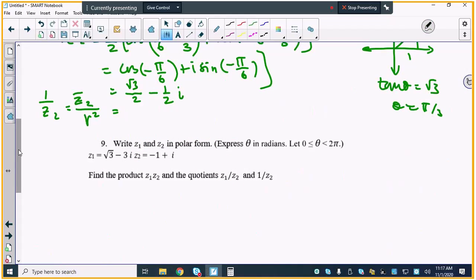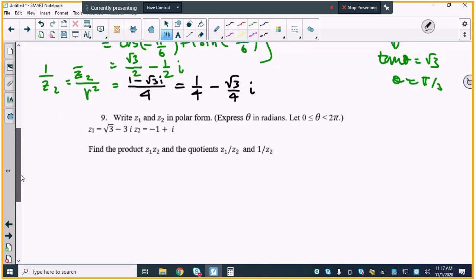So then the conjugate is 1 minus square root of 3i, and the modulus we found out is 2, so it is 2 squared, so 4. So this is 1 over 4 minus square root of 3 over 4i. So that is 1 over z2. And this is the work that we will repeat for a couple more problems.